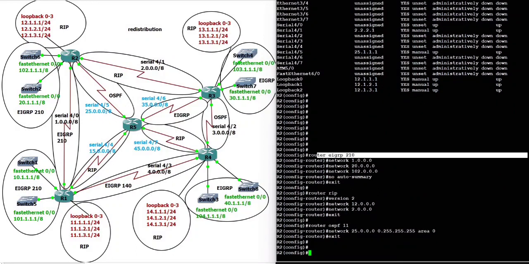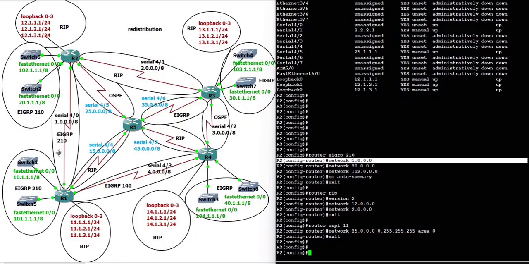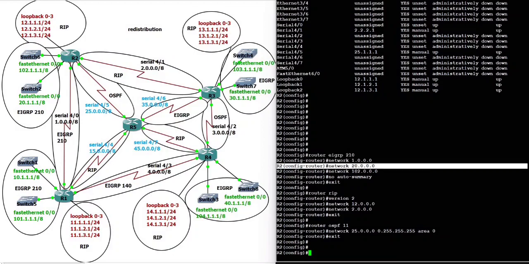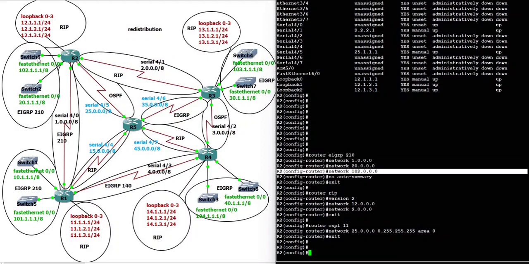EIGRP 210, 1 dot network is a serial interface, it's connected with router 1. 20 dot network and 102 network, these are fastnet connected with switches. And in RIP we have 12 dot and 2 dot network. 12 dot is our loopback address, and 2 dot network, this serial interface. Okay, on router OSPF 25, the OSPF is here, is connected with the router 5.